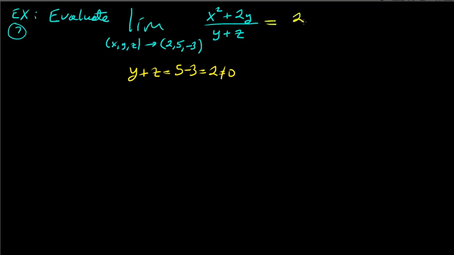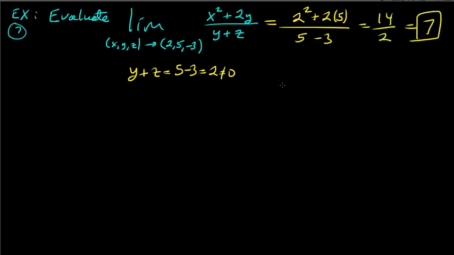So you just plug in the numbers. Plus negative 3, right? So you get 14 over 2, you get 7 as your limit. Of course, that's the same thing you get when you just plug in the numbers, if this function is defined as x squared plus 2y divided by y plus z.